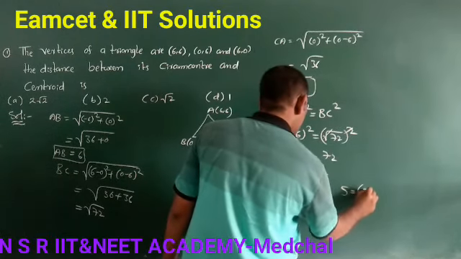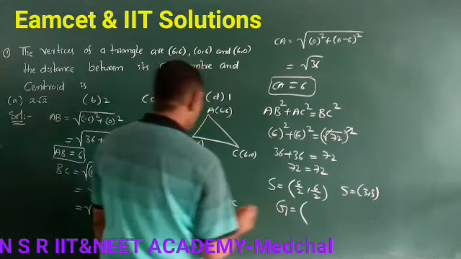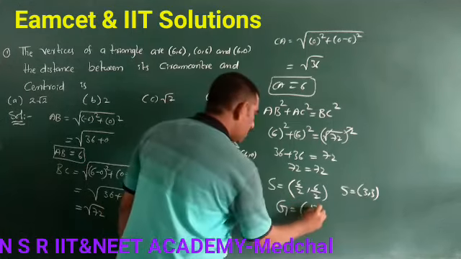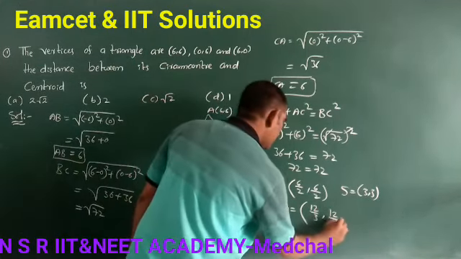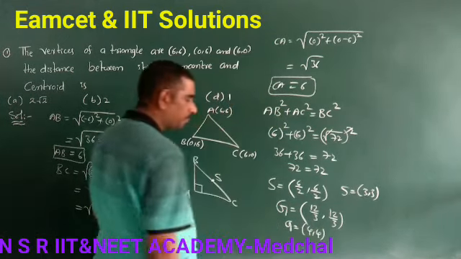So, S becomes (3, 3). Next, find the centroid: (x1 plus x2 plus x3) by 3, 6 plus 0 plus 6, 12 by 3. Next, 0 plus 6 plus 6, 12 by 3. So, the centroid is equal to (4, 4).